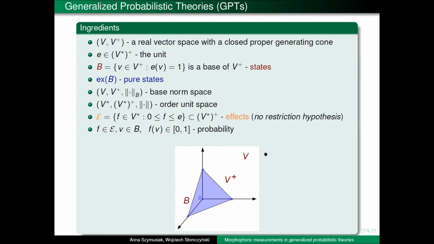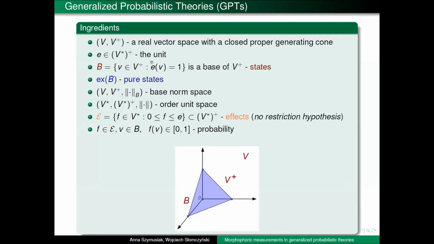We have some vector space, a real vector space, which is an ordered vector space. Namely, there is some closed proper generating cone inside, which induces the order.